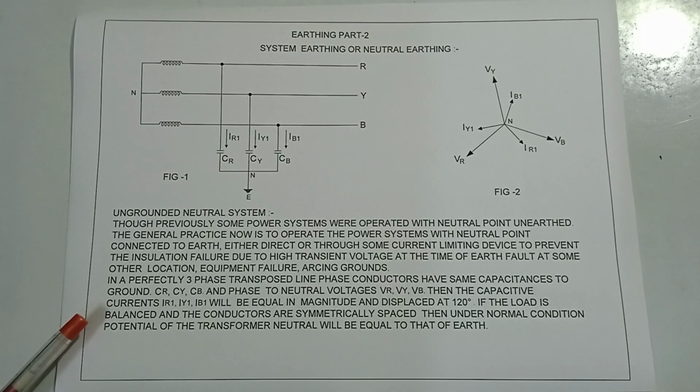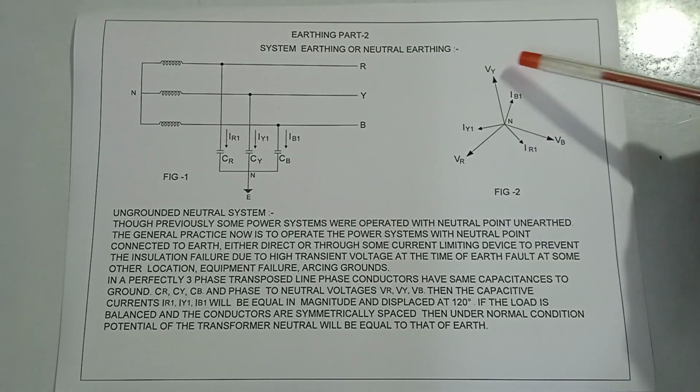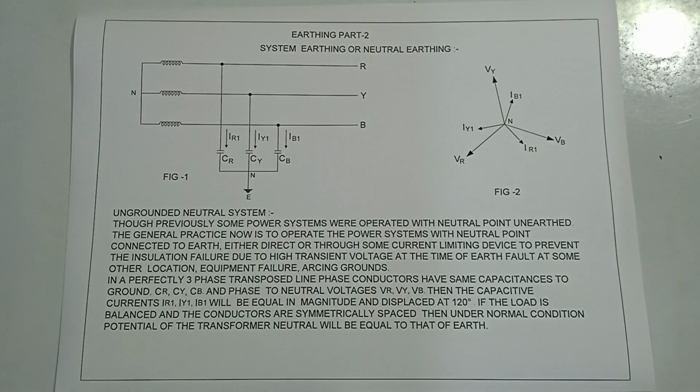The phase to neutral voltages are VR, VY, VB, and the capacitive currents IR1, IY1, IB1 will be equal in magnitude and displaced by 120 degrees.